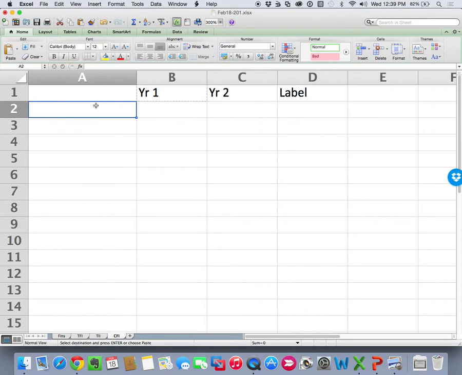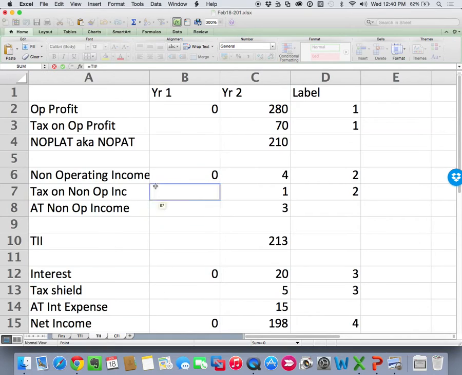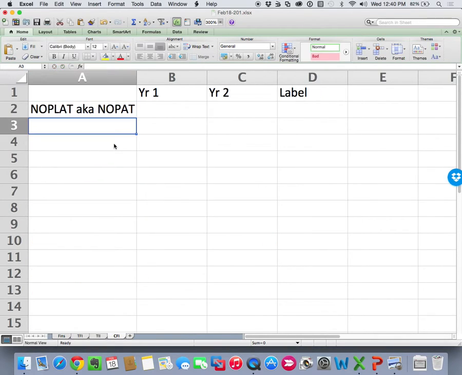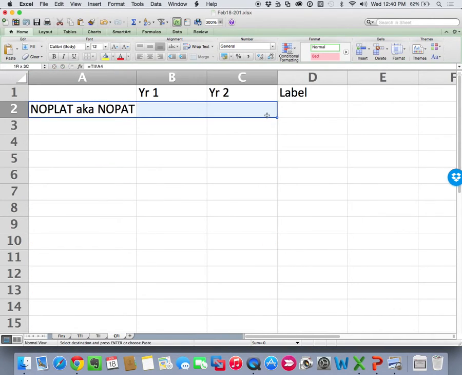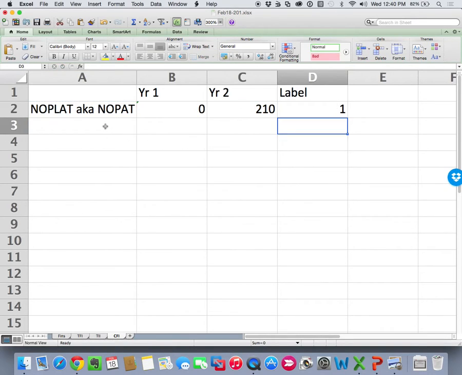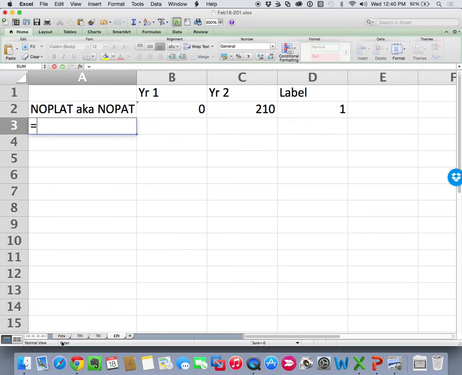Following the process in the book, the operating cash flows are called free cash flows, and the definition of free cash flow is gross cash flow minus gross investment. Gross cash flow is specifically defined as NOPLAT plus depreciation. So off of the income statement, TII, rearranged, we have our NOPLAT, and that's the operating cash flow. Then we add in our depreciation.